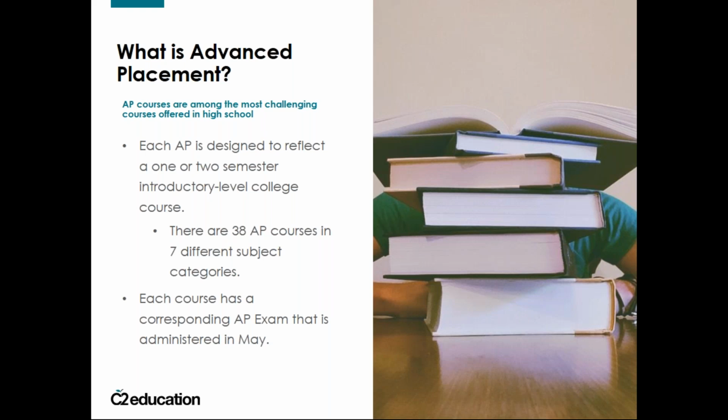Overall, there are 38 AP courses that run across 7 different subject categories. These categories are sciences, math and computer science, humanities, English, foreign language, interdisciplinary, and the arts. Those 7 categories make up the 38 different AP courses.